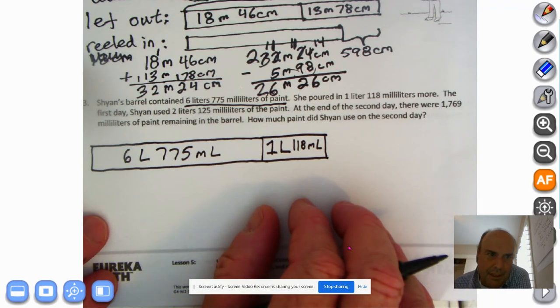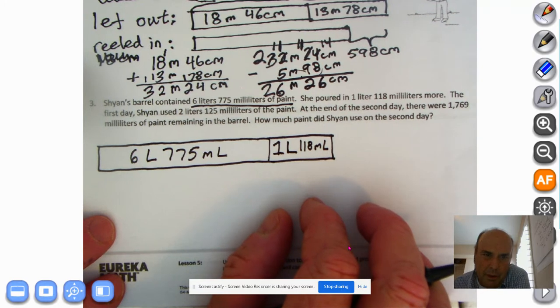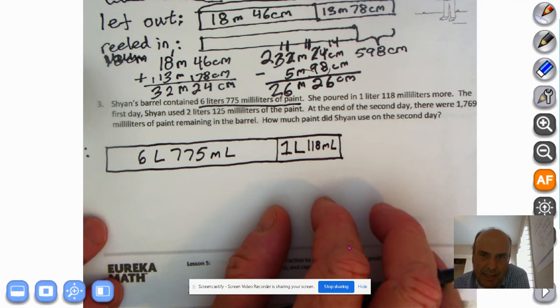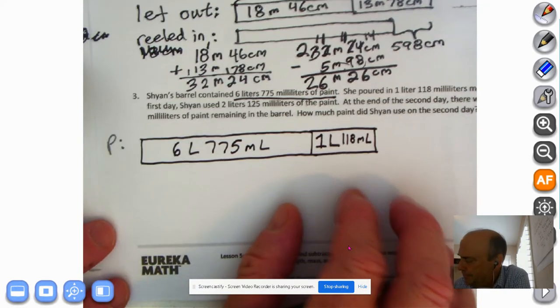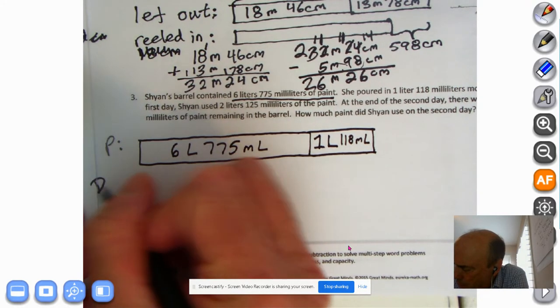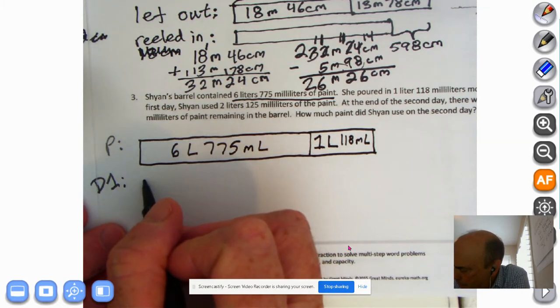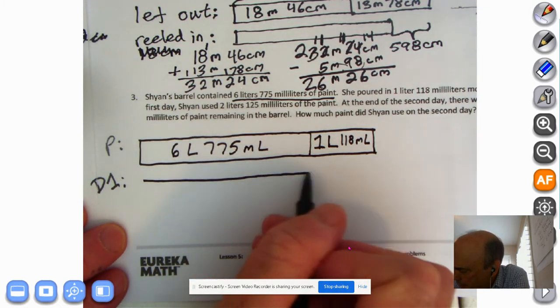The first day, Cheyenne used 2 liters, 125 milliliters of the paint. We'll call this D1 for day 1.